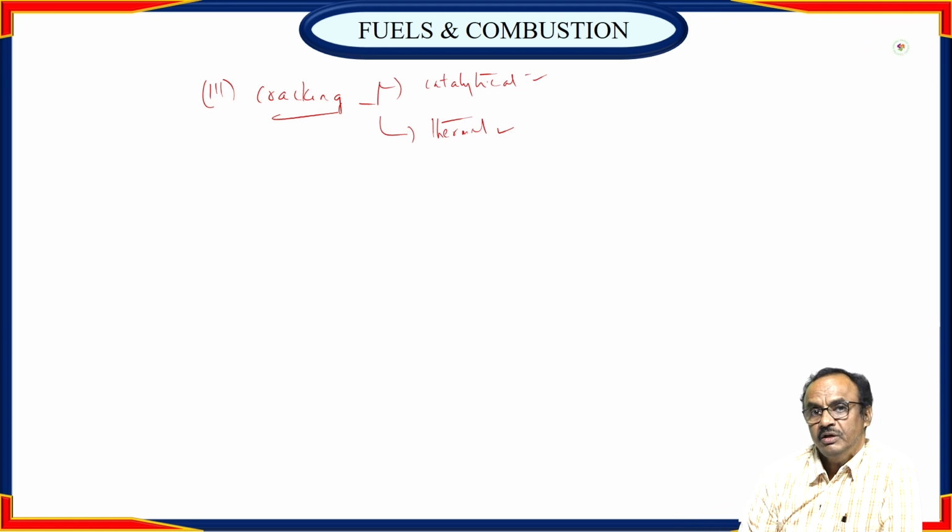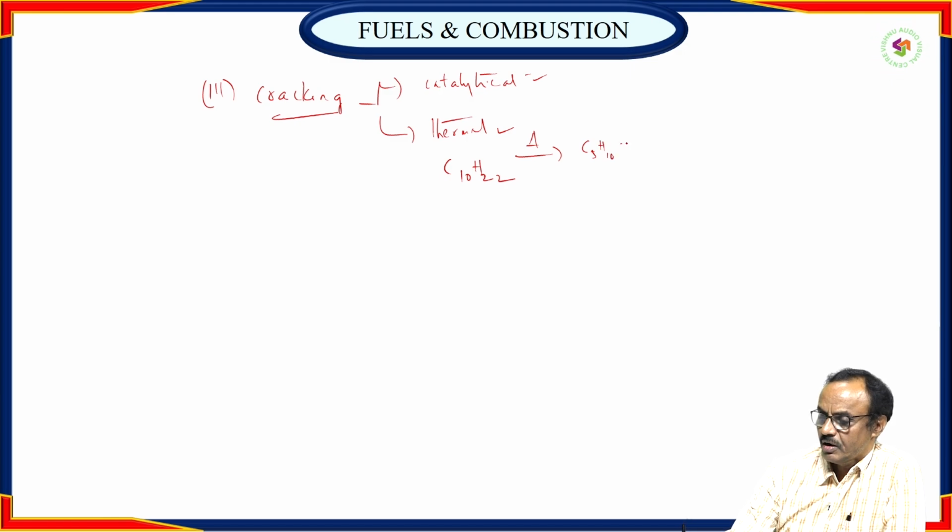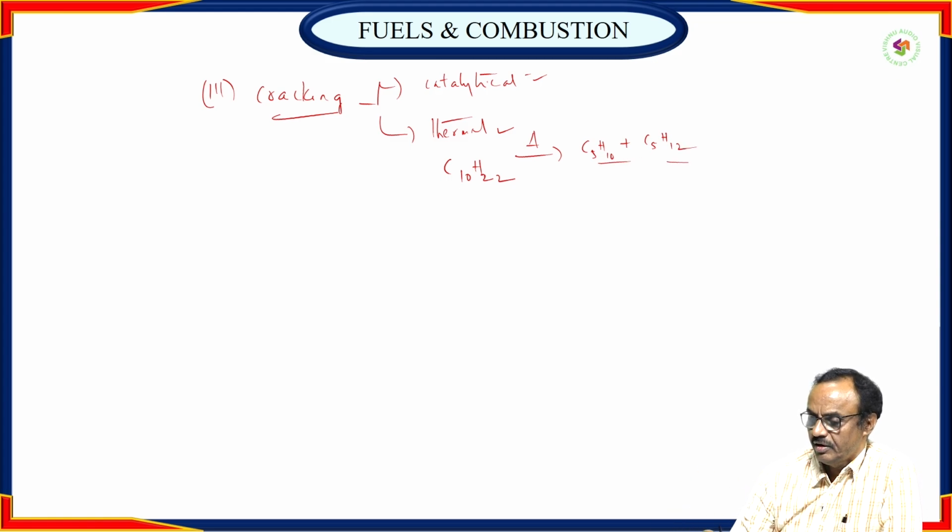I will give one simple example. Decane, C10H22, breaks at high temperature into pentene and pentane, C5H10 plus C5H12. At high temperature it can be broken easily into smaller fractions.